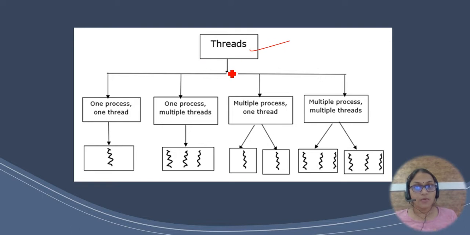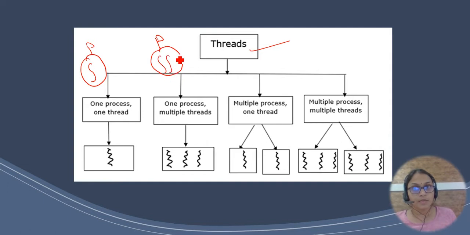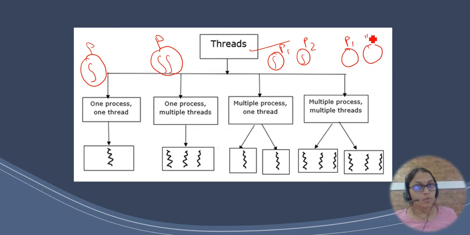There can be one process with one thread; one process with multiple threads; multiple processes with one thread each, P1, P2; and multiple processes with multiple threads each.